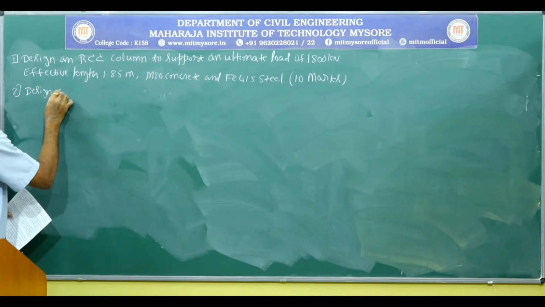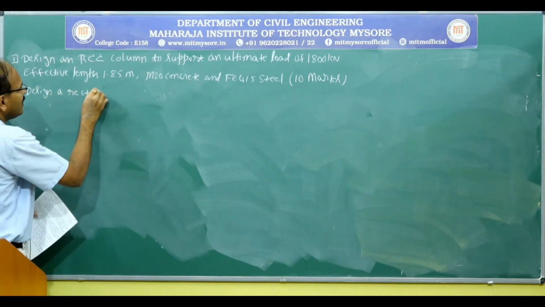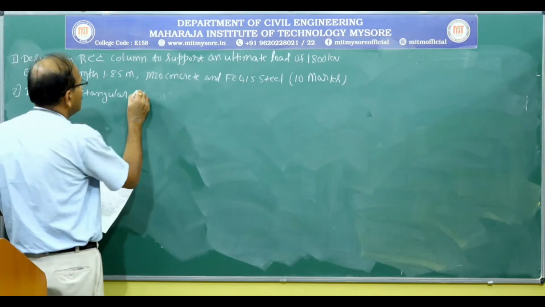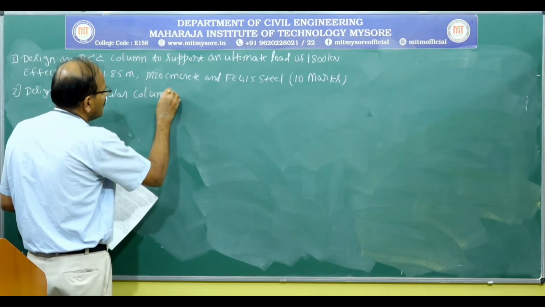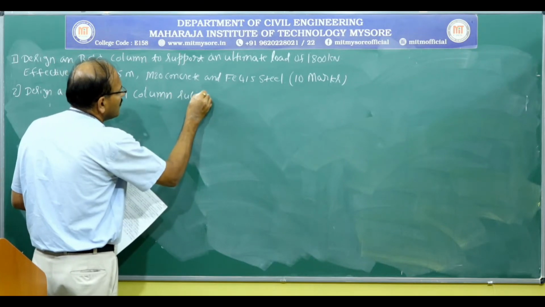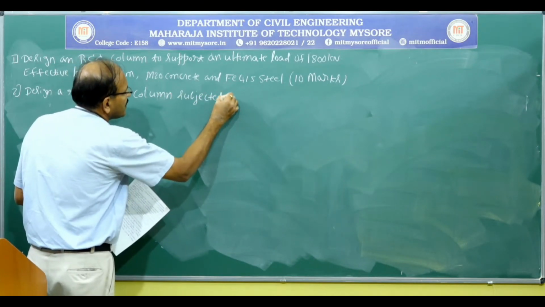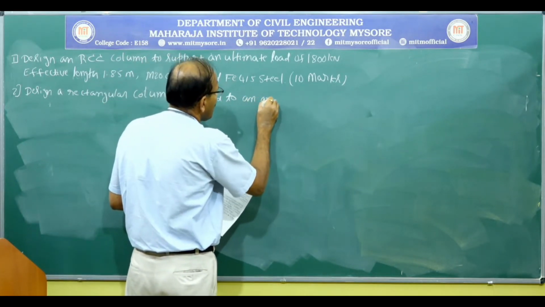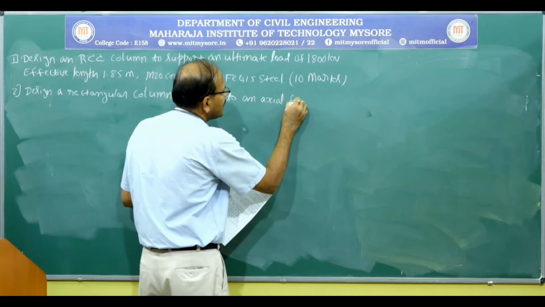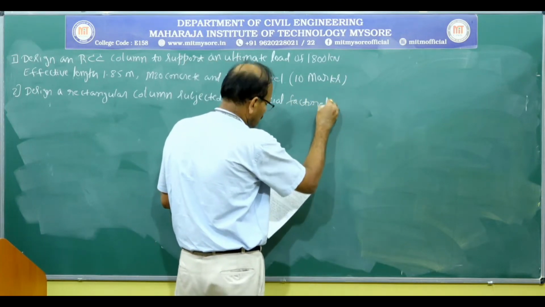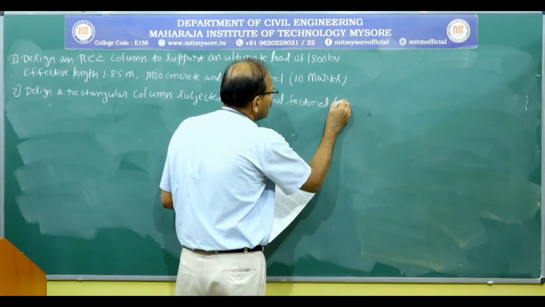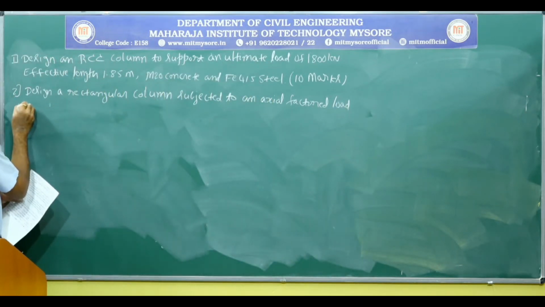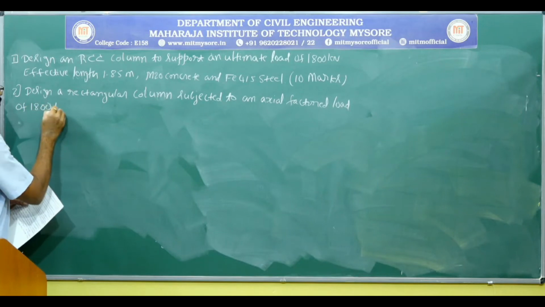Design a rectangular column subjected to an axial factored load of 1800 kilonewton.